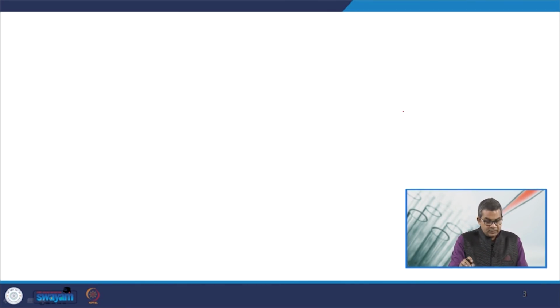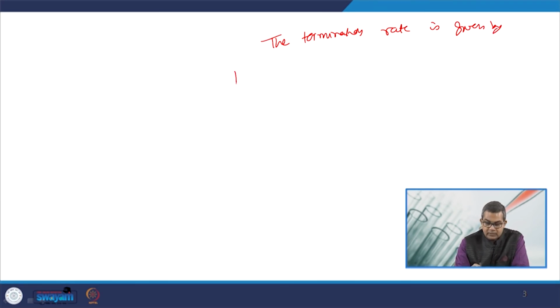Now, if we talk about the termination rate, it is given by Rt is equal to Kt M plus Y, which is equal to Kt M plus square.